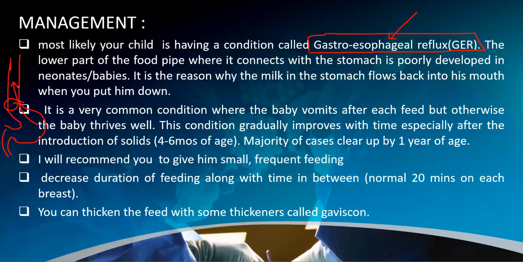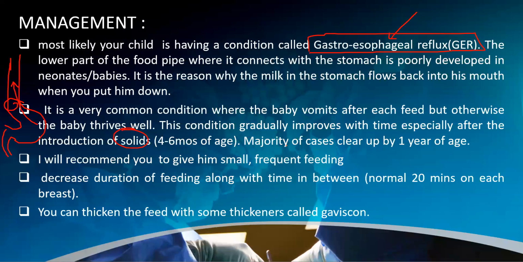Please don't worry, it is a very common condition where the baby vomits after each feed, but otherwise he thrives well and gains weight properly. This condition gradually improves with time, especially after introduction of solids, and the majority of the time, by the age of 12 months, they usually become totally symptom-free.